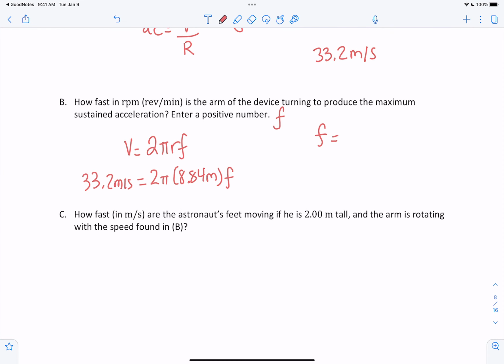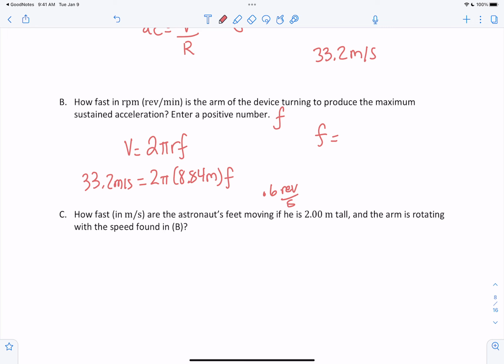Let me calculate that real quick. It's like 0.6, right? And that's going to be, I think, revolutions per second. Yeah, revolutions per second.